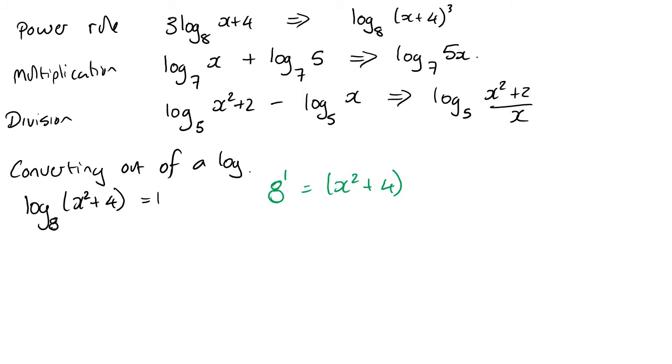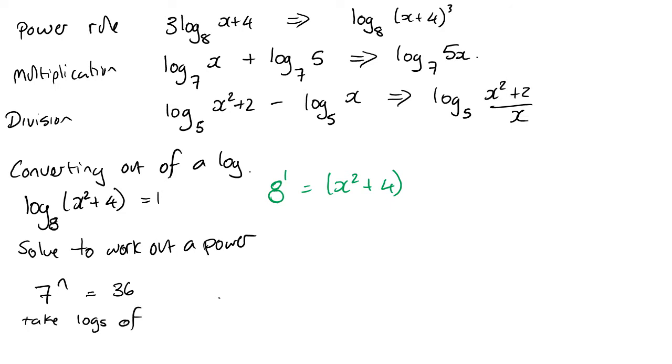And finally, if we needed to solve for a power, if we had, let's say, 7 to the power of n is equal to 36, you would take logs of both sides, so that you would have log of 7 to the n equals log 36.